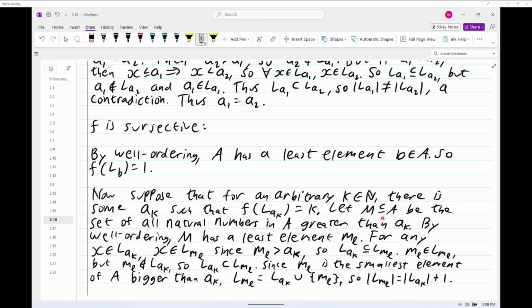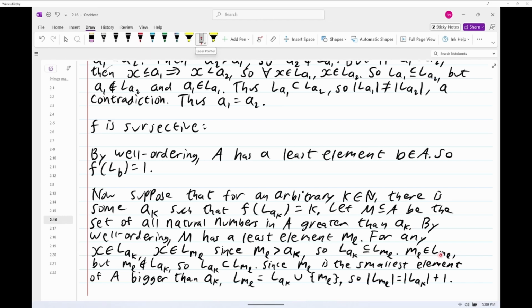So I'm going to let M, a subset of A, be the set of all natural numbers in A greater than AK, strictly. By well ordering, again, M has a least element, ML. That's in M and it's the least one, okay? And for any X in LAK, X is in LML, since ML is bigger than AK. And that means that LAK is contained in LML.